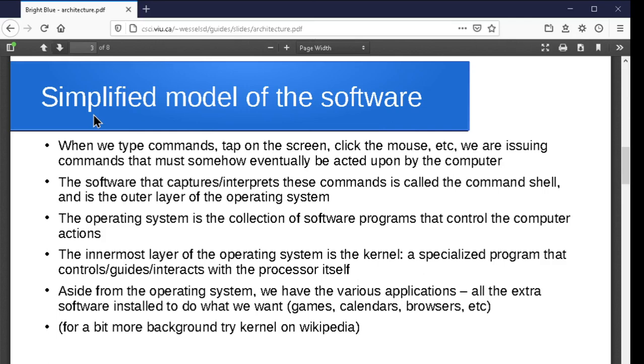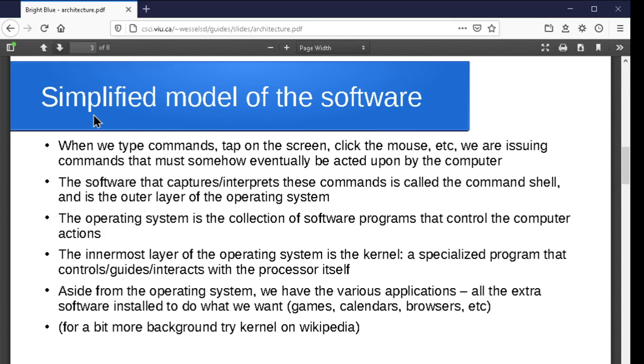So you've got this outer layer where we're doing stuff. You've got the shell that's interpreting what we're doing. You've got this inner layer that's the operating system. And then deep inside the operating system, you've got the kernel, just a very small basic program that really controls and guides what everything else is doing. So that's the true boss, if you like, of everything that's happening at any given instant.